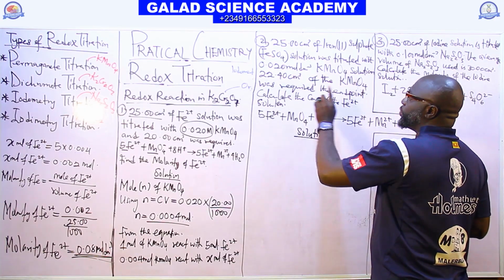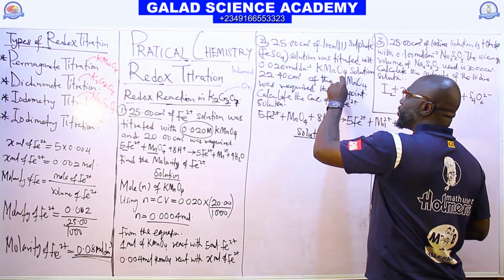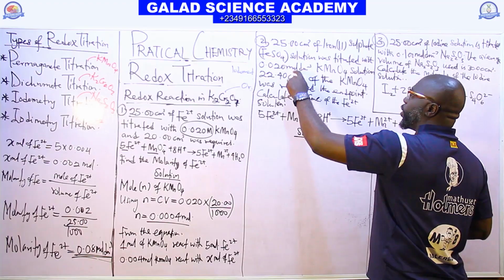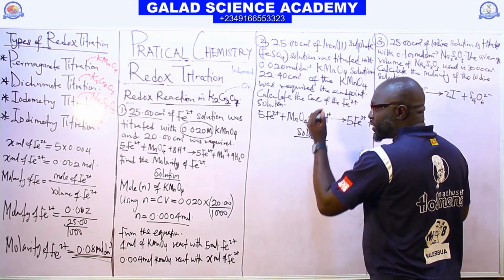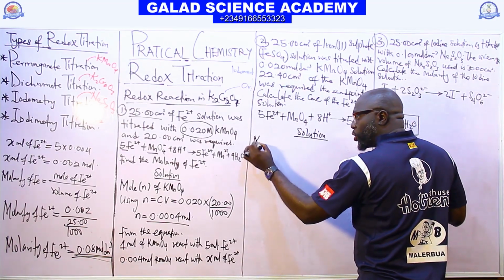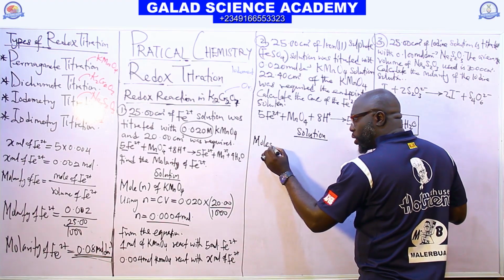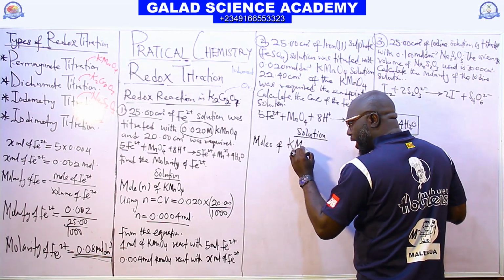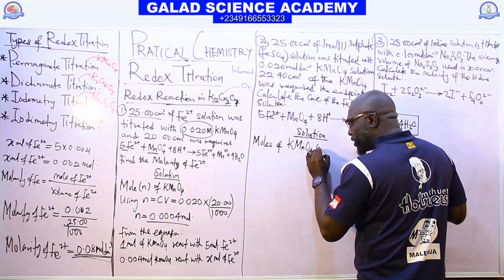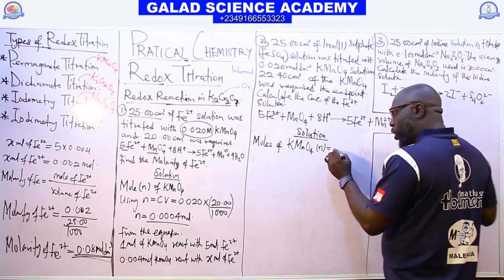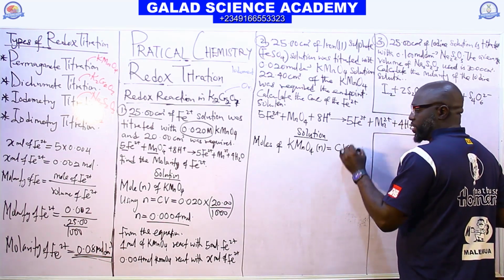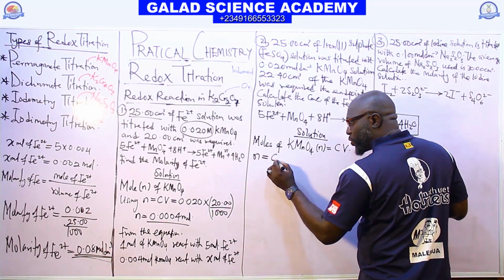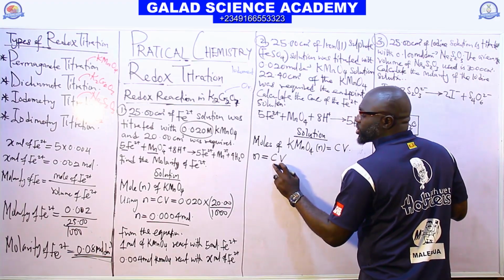We are given the volume of KMnO4 and the molar concentration of KMnO4. So from that we can find the number of moles of KMnO4, which is n and is equal to C times V, molar concentration times volume.